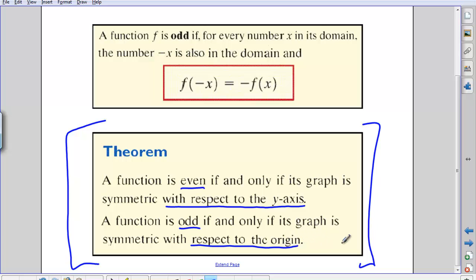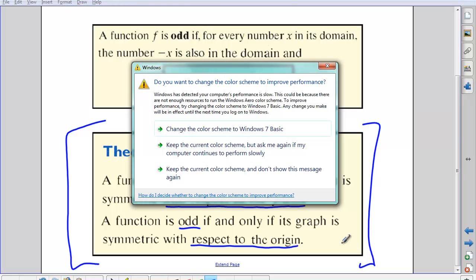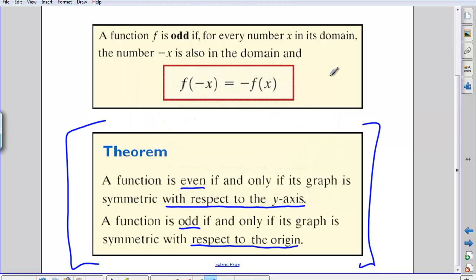So if it has that rotational symmetry, then that means that function is odd. And every function we look at is either going to be even, odd, or neither. If it's even, it's not odd. If it's odd, it's not even. And then it could be neither one of those.